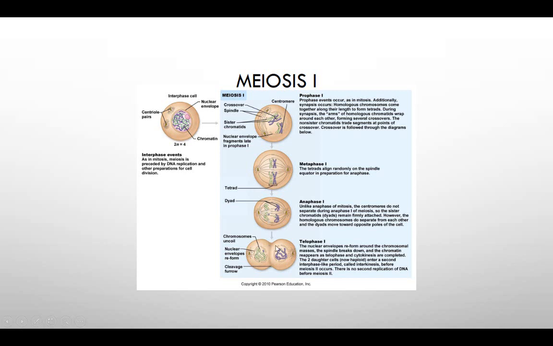And then telophase 1 is where we see the nuclear membrane starting to appear again, but we have the chromosomes that are still all together. They have not unraveled, and eventually this splits apart, and we get two cells that have a lot of genetic variability, whereas in mitosis, if we saw the split, they would have been identical, right? So we start to see a lot of this genetic variability.